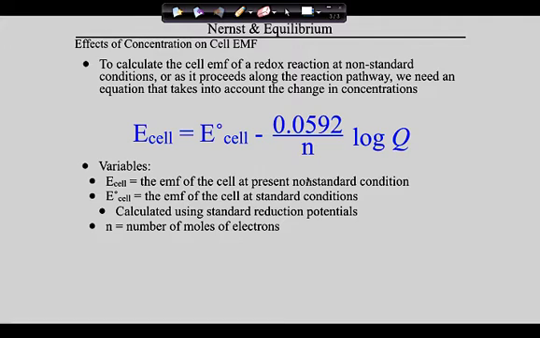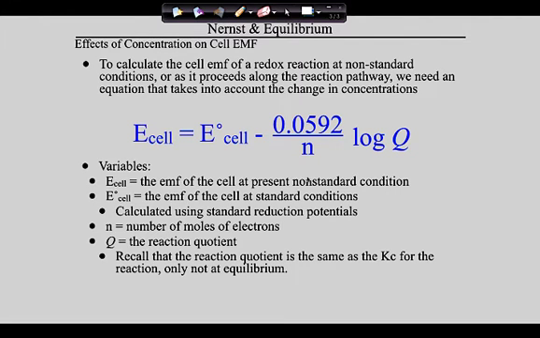And then, guys, we need to talk about Q. Do you remember Q? So Q is the same as what? Kc. But what's the difference between Q and Kc? Exactly. So guys, Q is Kc at non-equilibrium conditions. We call this the reaction quotient.